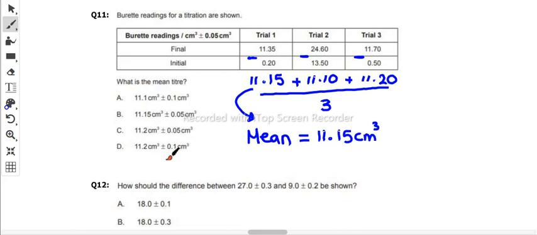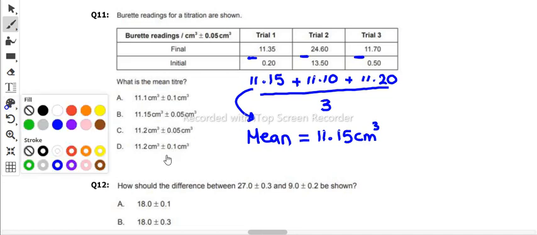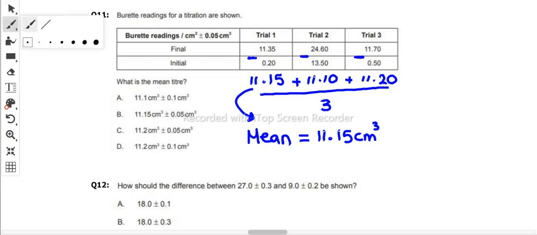Now the point is how to find out the absolute uncertainty, which is the plus minus uncertainty presented here. Since we do the average and we have firstly a subtract, we need to remember that we firstly subtract. And when you subtract, you have two values, and each one is plus minus 0.05.